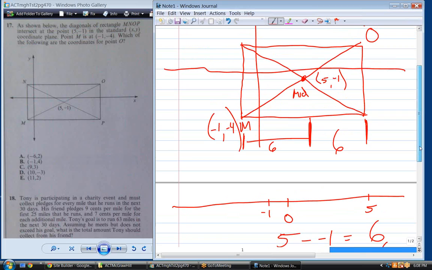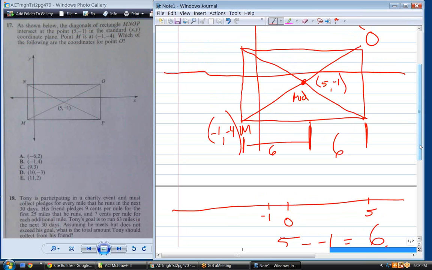Therefore, what's the answer? We don't even need the y-coordinate because it's multiple choice. What's the x-coordinate of this point? We know that it has to be 6 further than 5, so it has to be 11.